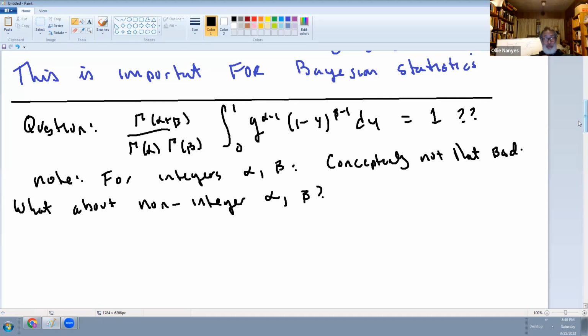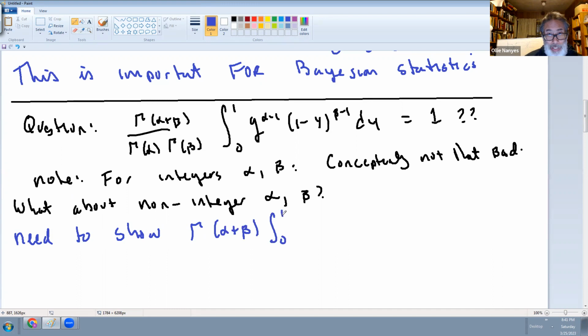But what we'd like to do, what we need to show, and this is where the prerequisites are going to come in, is that if you take the gamma function of alpha plus beta, multiply it by what's known as a beta integral, you get the product of these gamma functions.